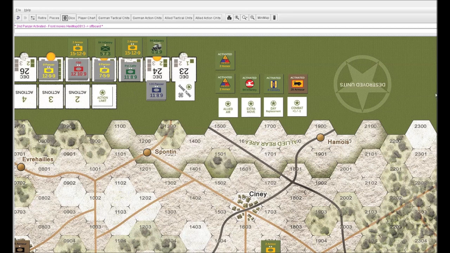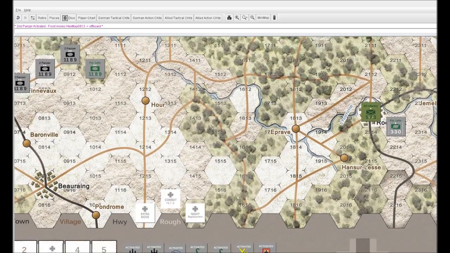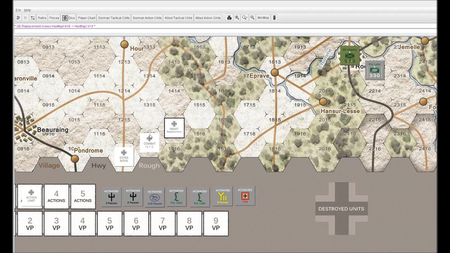So we'll do a little scenario here where we're going to start with December 23rd, where the Germans have the initiative and they will pull first. So the first thing I have to do is I need to place all my German tactical chits into my chit pool, and in Vassal I have to put them in a little window.